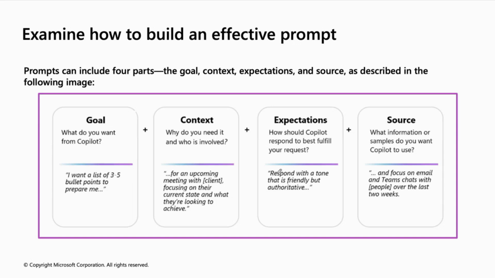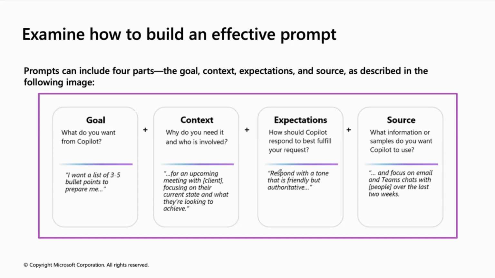Next is your expectation. Expectation means how the response should be prepared, what points it should cover, what tone Copilot should use, what language it should use, and what formatting should be applied. And then your source. Source may be the topic. Source may be any file that you have attached.